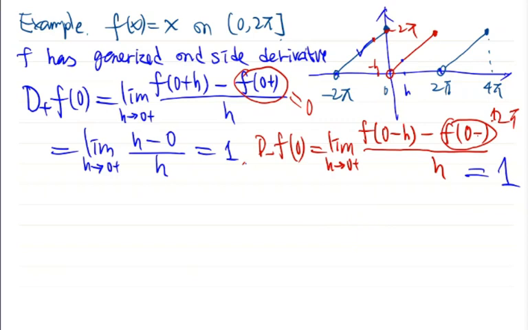Okay. Similarly, you can compute the generalized one-side derivative at other points. You will see that all the one-side derivative exist. Okay. So by the previous discussion, we know that Fourier series of f converge everywhere at x.